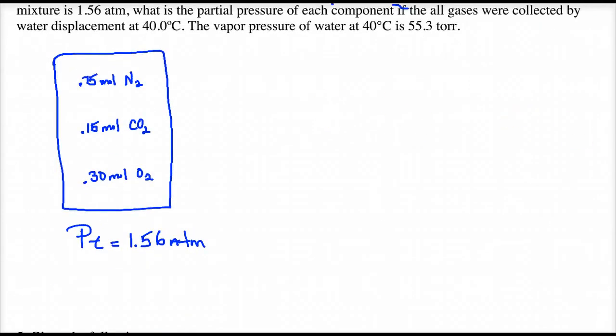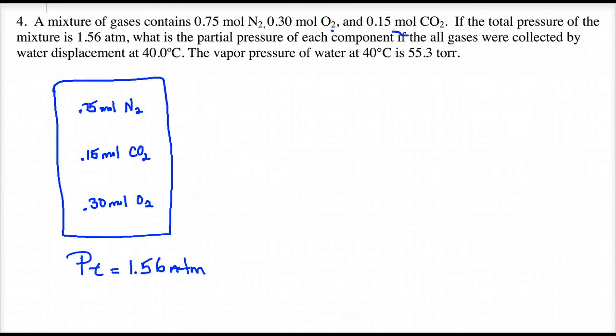But the one little difference in this problem is that these 3 gases collected in this container were all collected by water displacement. Now what does that mean? That means we took some kind of flask, let's just say a eudiometer tube or some kind of big container, like an upside down, let's say graduated cylinder.